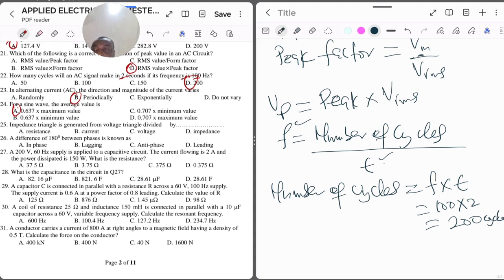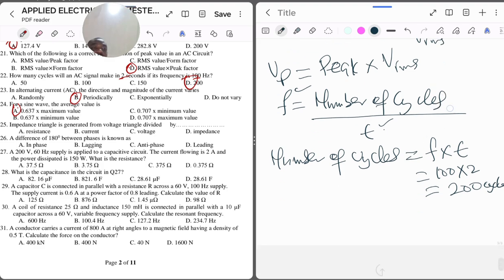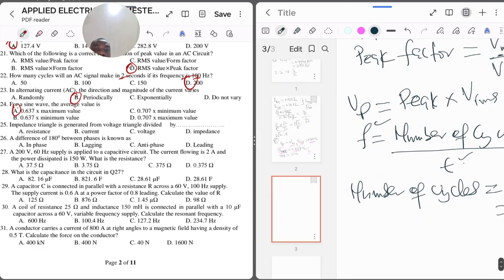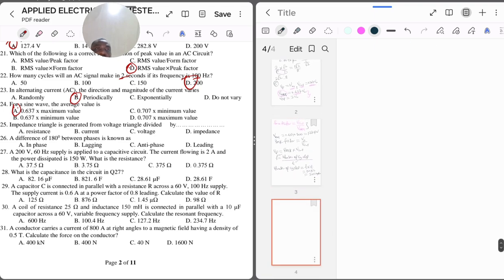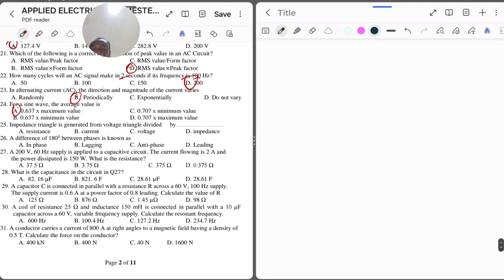Now question 25. Impedance triangle is generated from voltage triangle by, again, this one is under chapter 10, right? If you have a voltage triangle, you get the impedance triangle by dividing by current. Why? For example, let's say I have my voltage triangle this way.